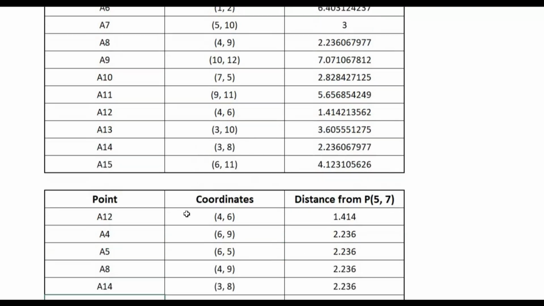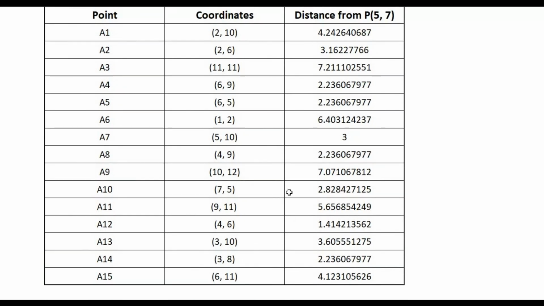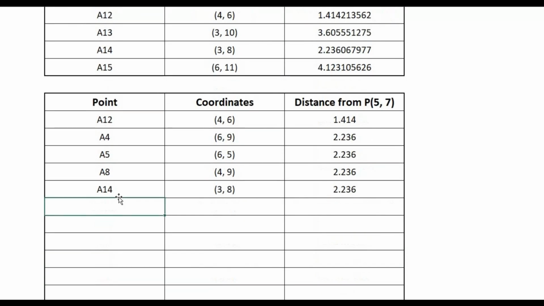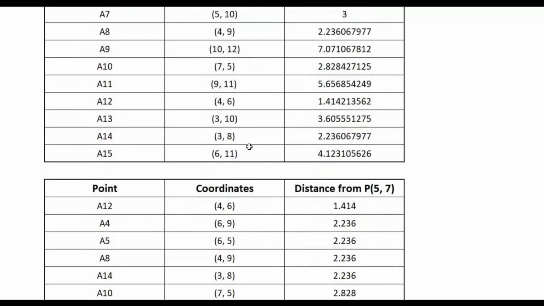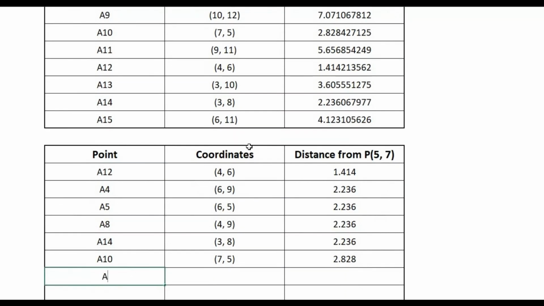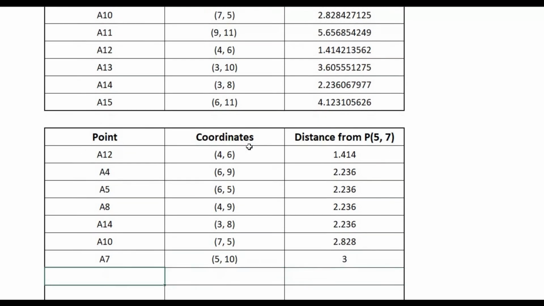So the next value we have is 2.82, A10. The coordinates we have are 8, 7, 5, and the value we have is 2.828. Now the next one we have is exactly 3, A7, 5, 10. The value is exactly the same.